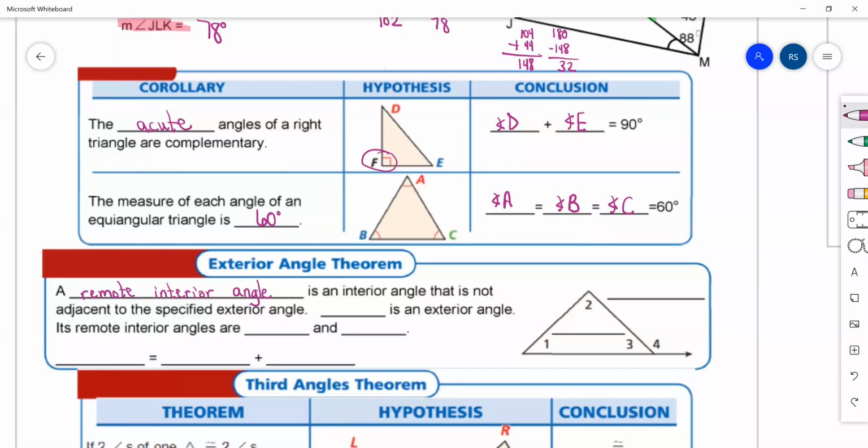You're remote learning, meaning you're not at school. So a remote interior angle is the angles that are in the triangle, but they're not next to my outside angle. So remember, interior means inside. Exterior means outside.